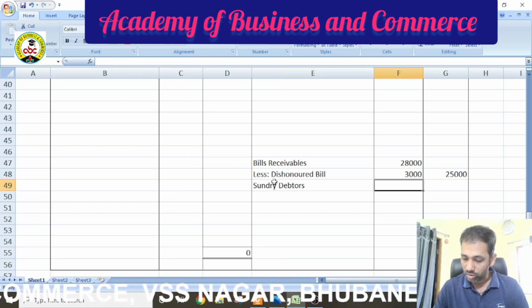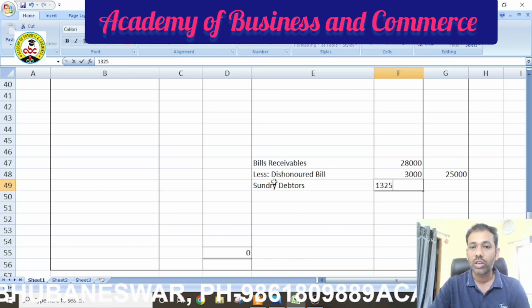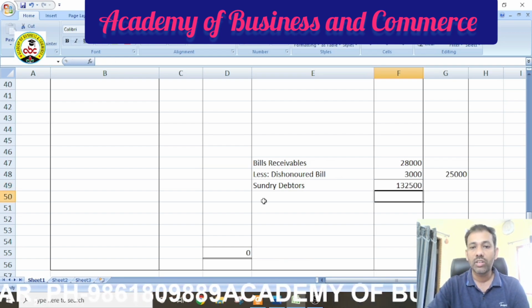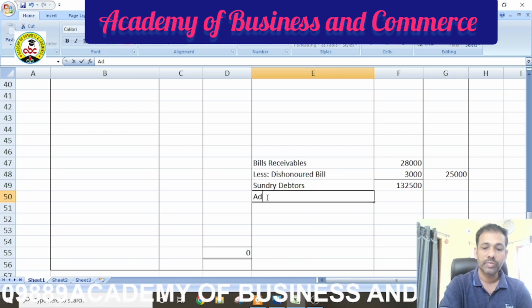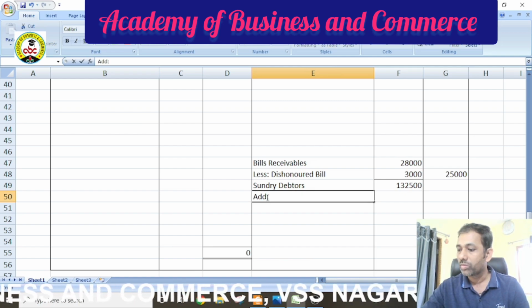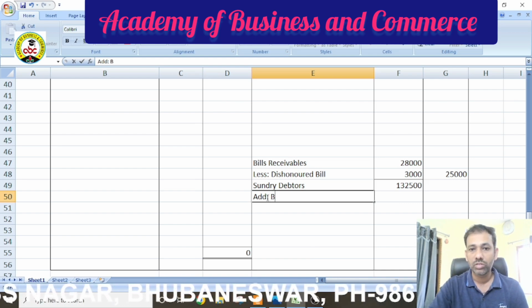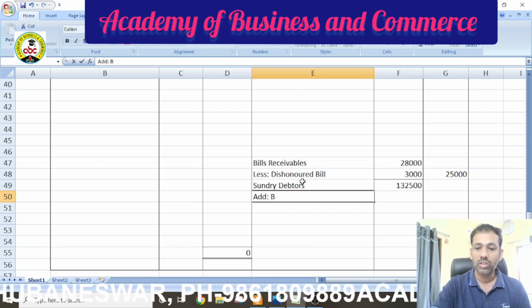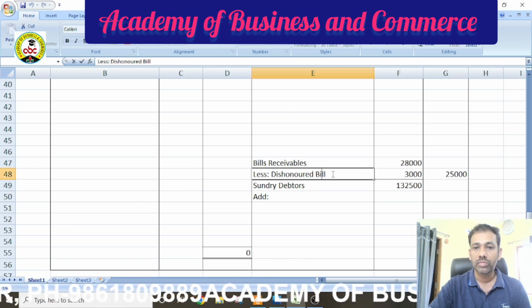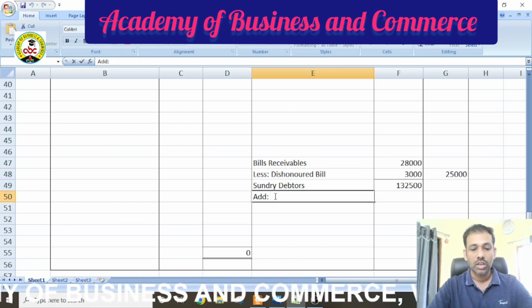Sundry debtors is the fourth item. So 1,32,000 is the sundry debtors, 1,32,500, and you have to add that item. The amount is the dishonored bills receivable. The same amount, 3,000, you take here as sundry debtors and add it.